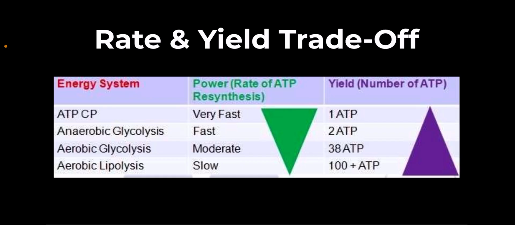Unfortunately, as I said before, there is a trade-off between the rate and the yield. Now, we'll talk about the other energy systems in future videos, but the ATP-CP system has a very fast rate. It repairs our energy molecule very rapidly, but unfortunately the yield, or the number of ATP that comes from this breaking down of CP molecules, is very, very low, only 1 ATP.